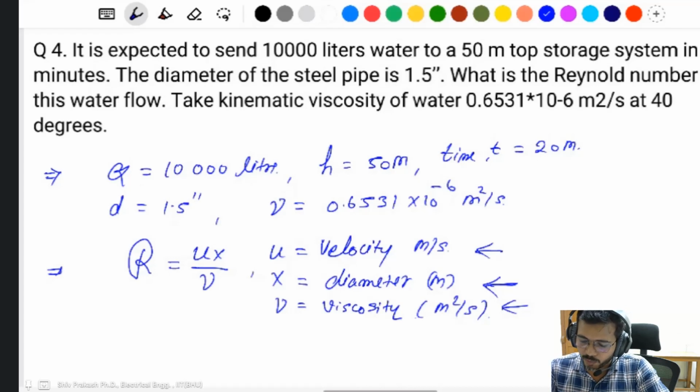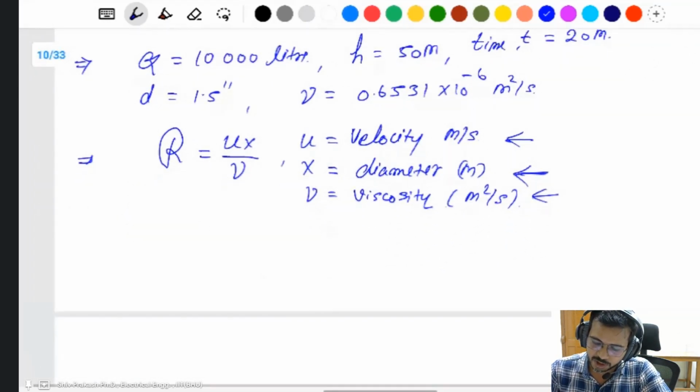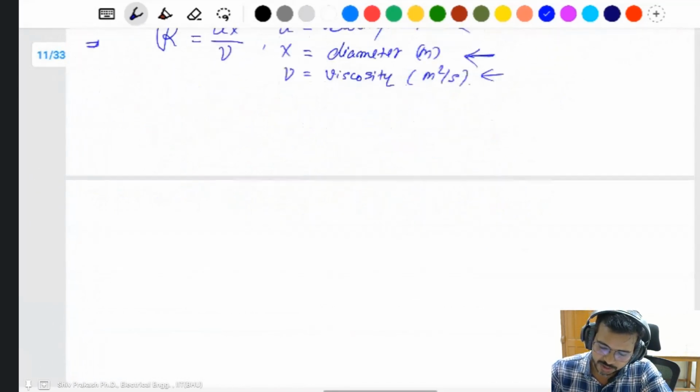Velocity means the speed of the water flowing in a pipe. Then how do we find the speed of water? First of all, find the rate of water, how much water is flowing through the area of the pipe. That is the rate of discharge.